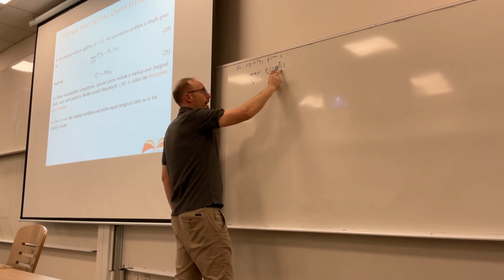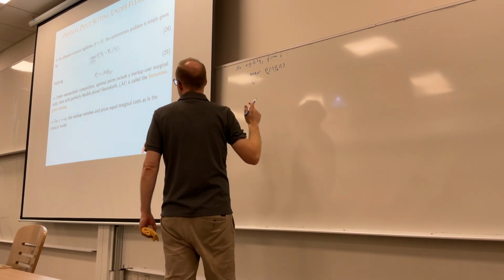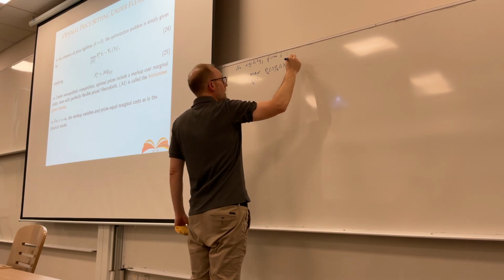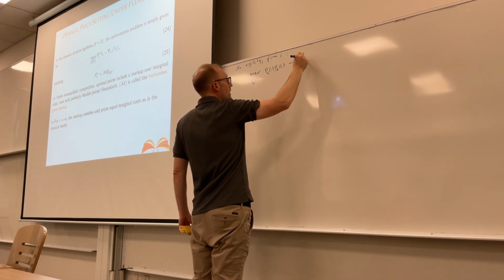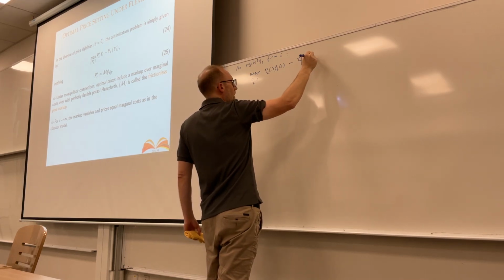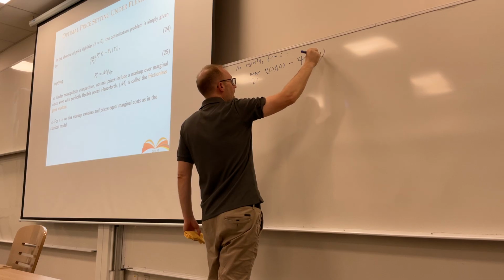Right? It sells good i at price P_t(i) minus here our cost function psi of Y_t(i).